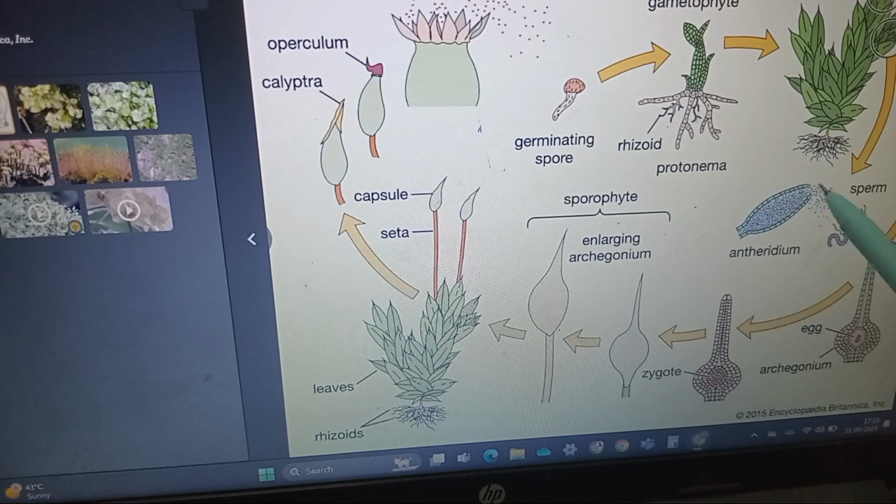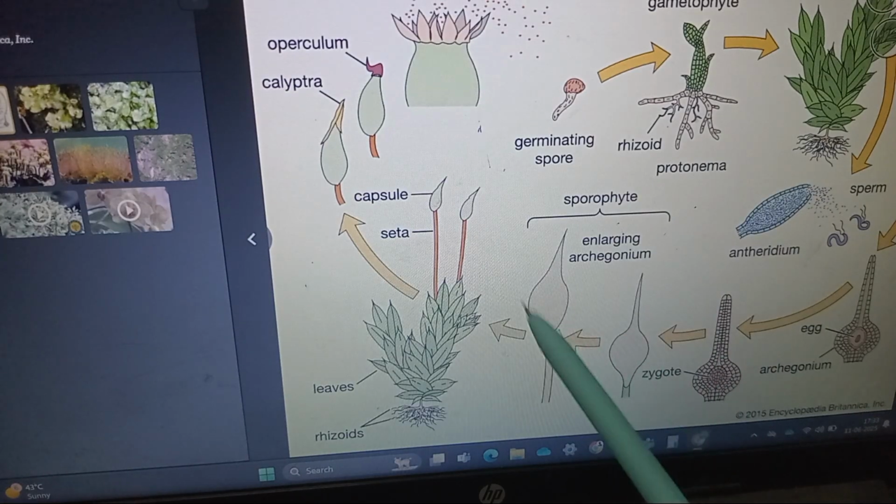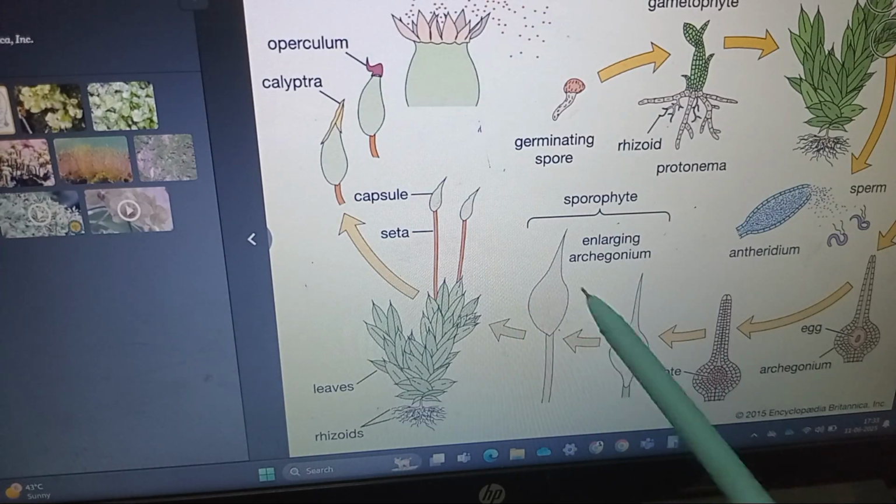The water will be required for transport of these antherozoids to the egg, and after fertilization it produces a zygote. The zygote is not undergoing immediate meiosis, but it is making a structure by mitosis, which is a sporophyte.